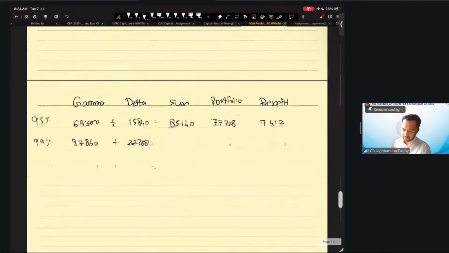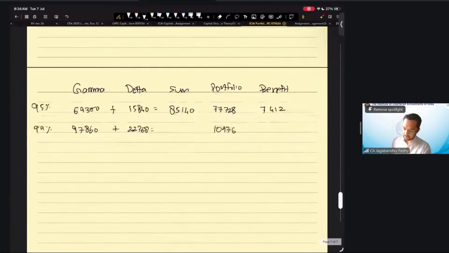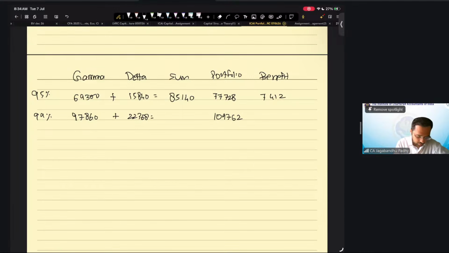And the portfolio was 1,09,762. I think something is wrong here. 97,860 plus 22,368 is 1,20,228.